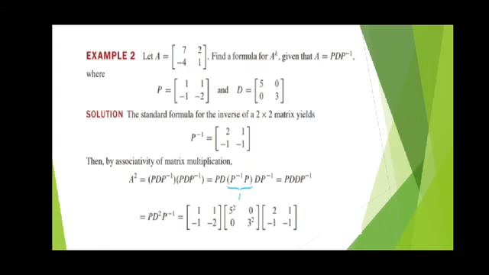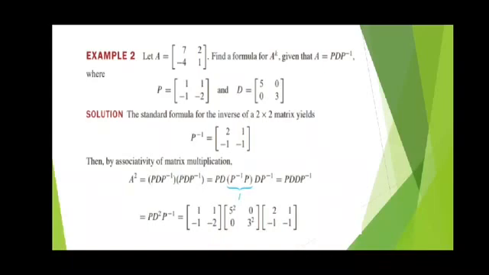First, we have to calculate P inverse. We have P, so for that we find the inverse matrix. We know that for a matrix [a b; c d], the inverse matrix is equal to 1 by ad minus bc, into [d minus b; minus c a].